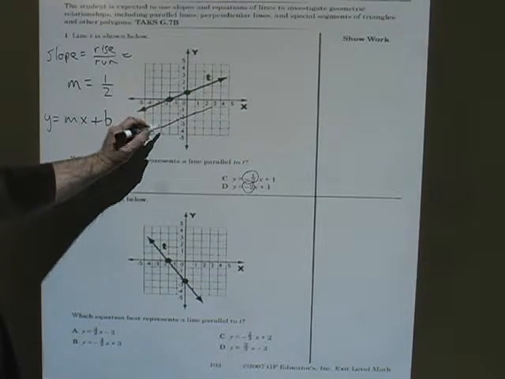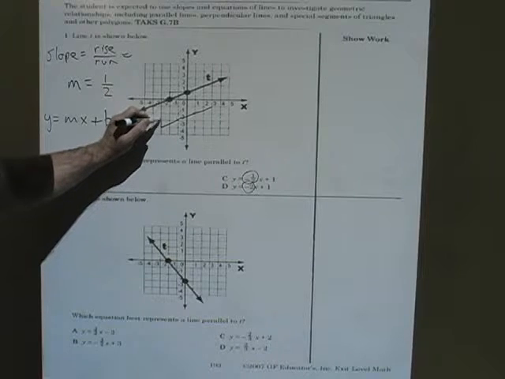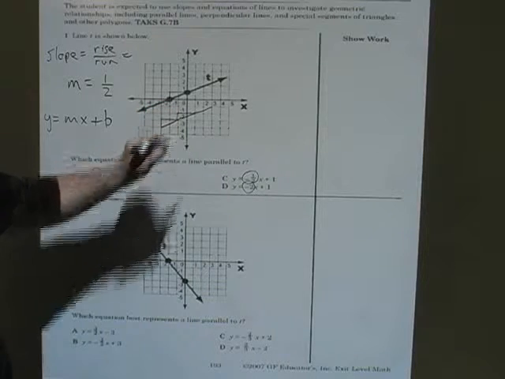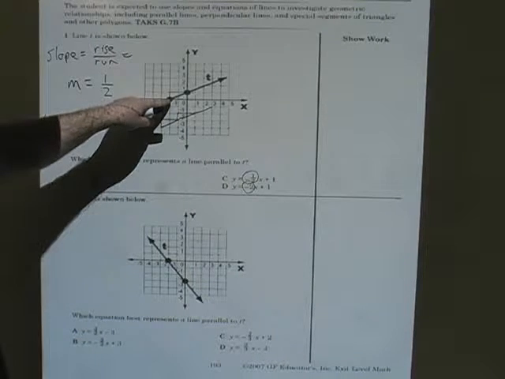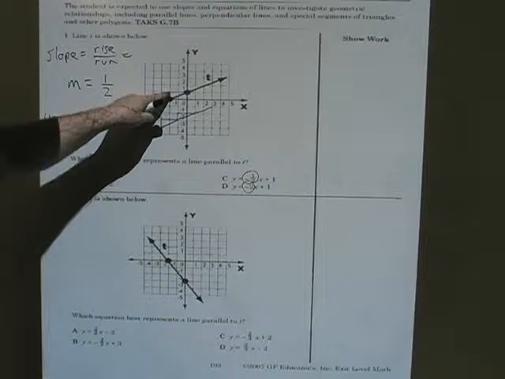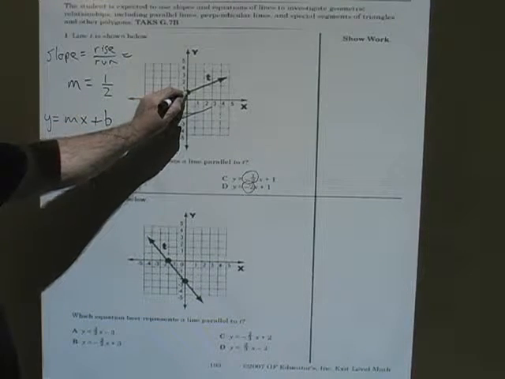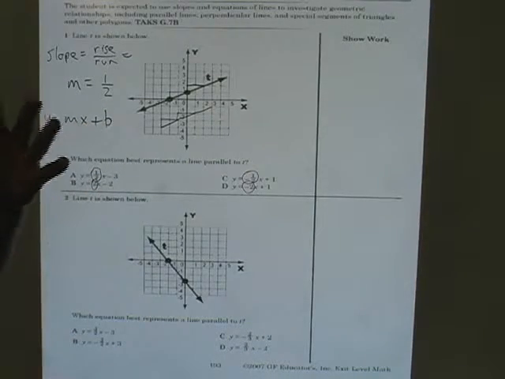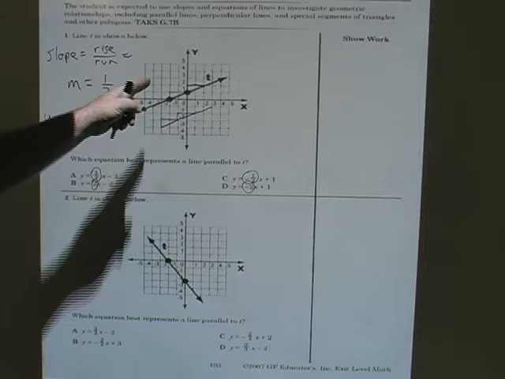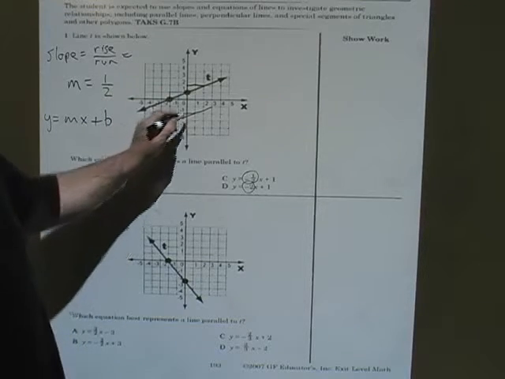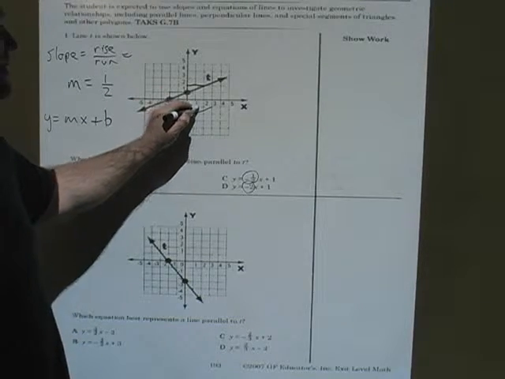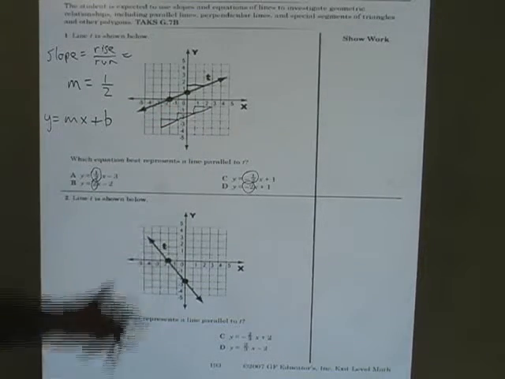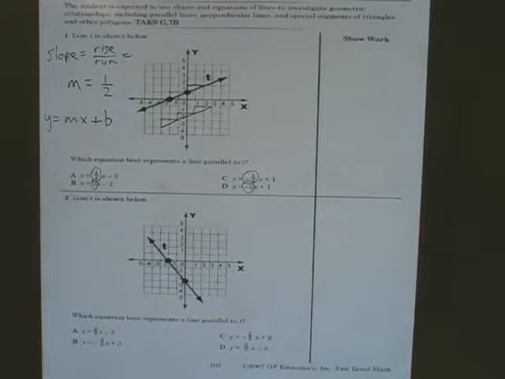Both of these lines are going up 1 over 2. Remember this one, we already measured it. It was going up 1 over 2. And no matter where you're at on that line, if it is a line, it's always going to have the same slope, no matter where you're at. Even if I'm here, up 1 over 2, it's still 1/2. So here's another line that has a slope of 1/2.